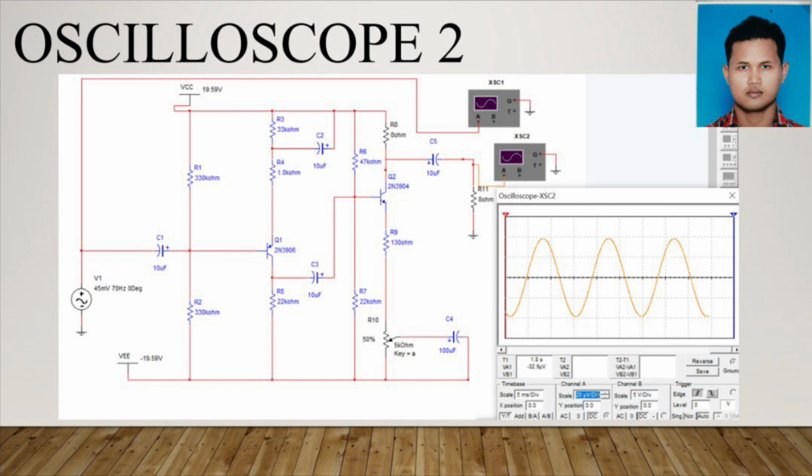Sebelum membuat pengukuran, memastikan rangkaian yang akan disimulasikan telah berhubung dengan ground dan juga telah melaraskan time base diputar pada skala 5 milisaat per division dan menggunakan channel A, dan juga skala volt per division diputar kepada 20 mV. Dan akhir sekali akan menghasilkan gelombang berbentuk sinus yang akan dipaparkan.